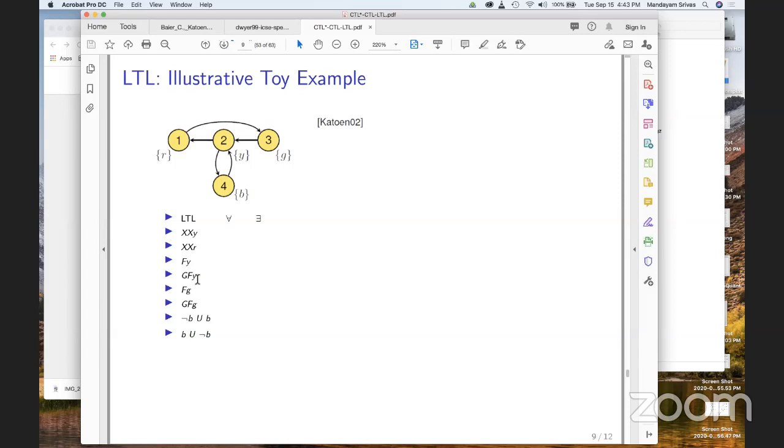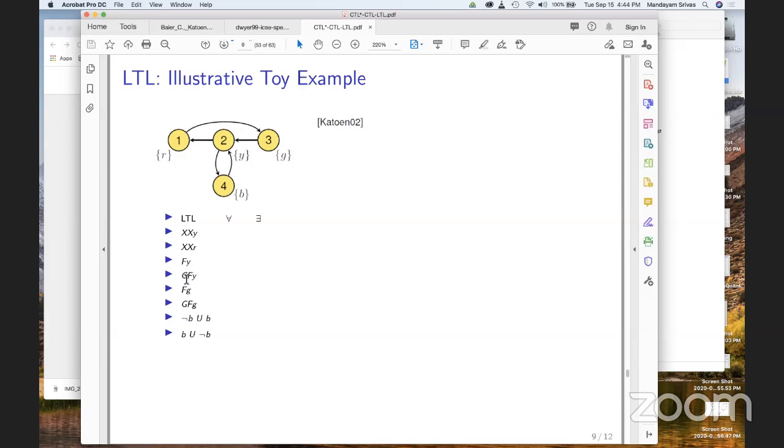You're right. But to be more detailed, it is true of those paths where F of Y holds continuously.